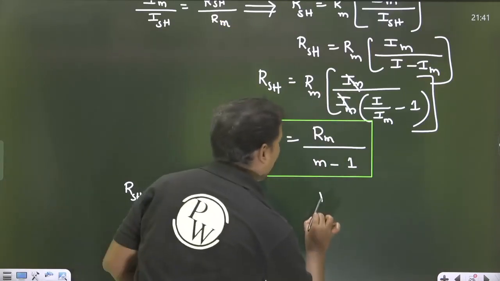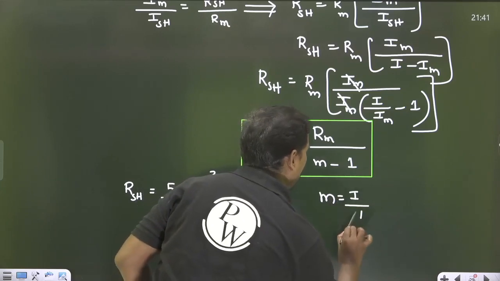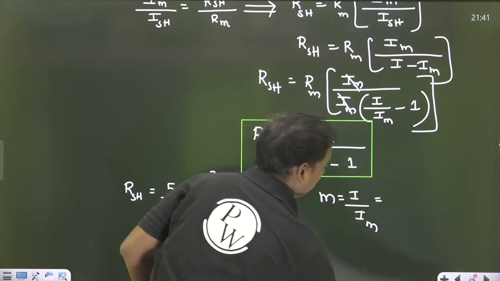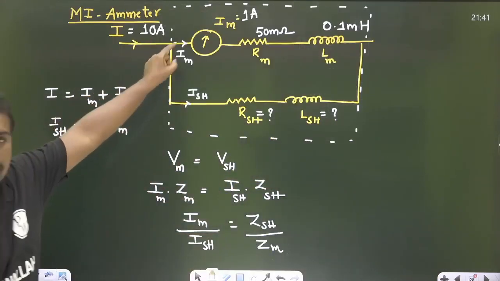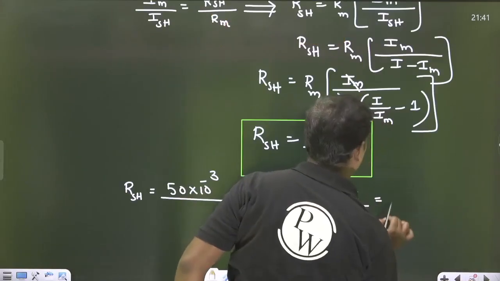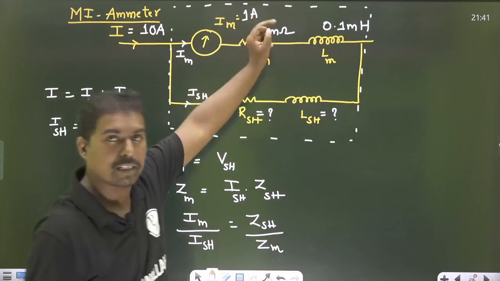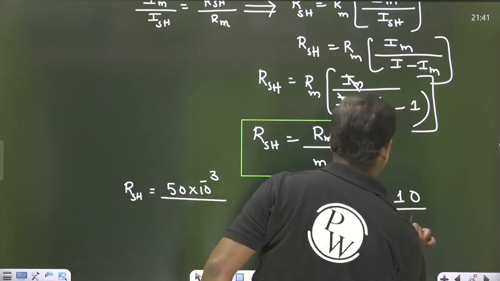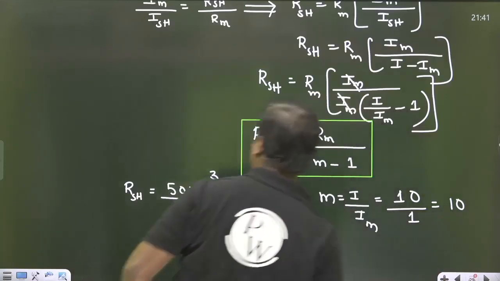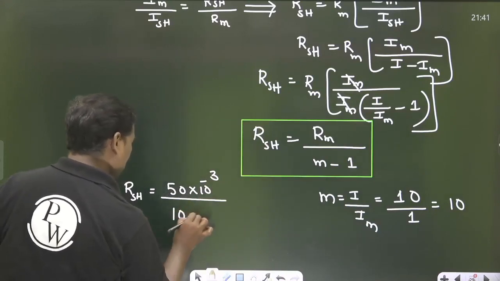M is equal to what? M is equal to I by IM. I is how much? You have to change to 10 amperes, yes, this is 10 amperes, and the meter is 1 ampere. So 10 by 1 is equal to 10. 10 minus 1 means 9.